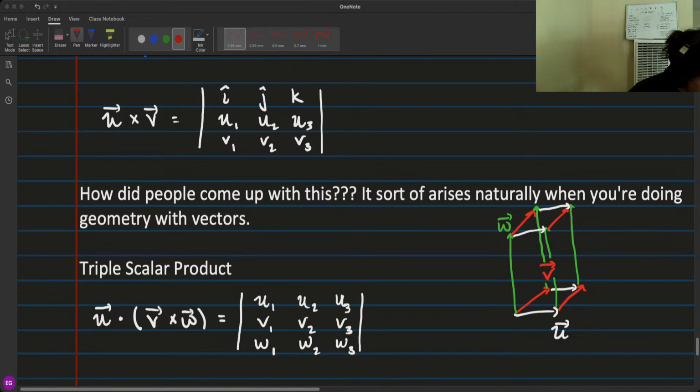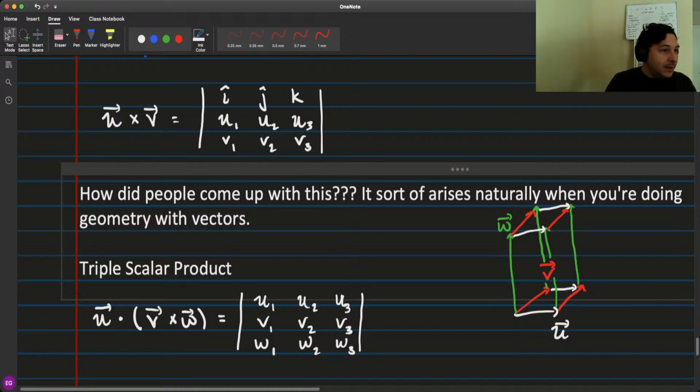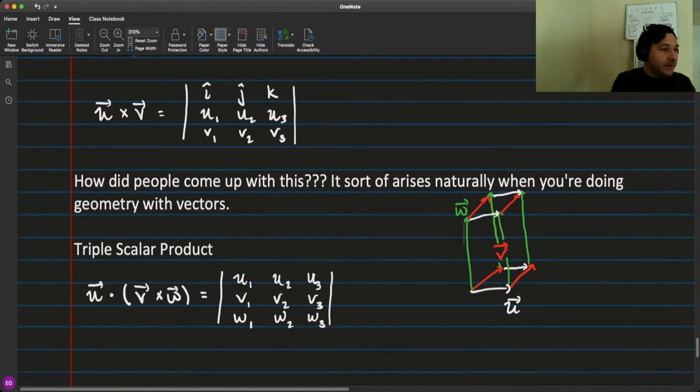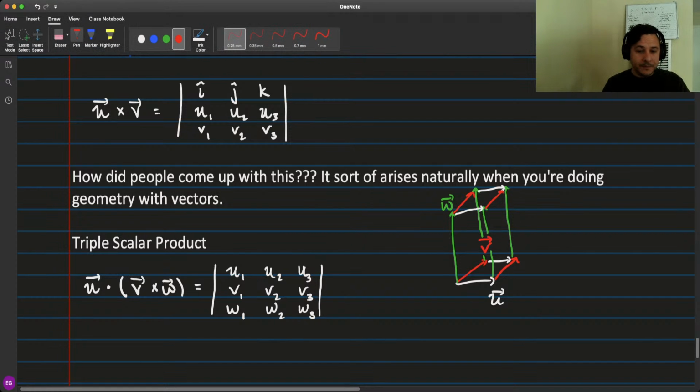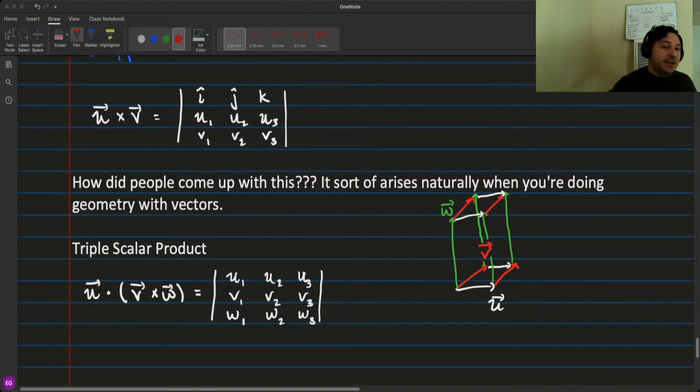Okay, crazy thing. If you draw a box like this using u, v, and w, now that I've got a box, what's one of the things you might wonder about this box geometrically?